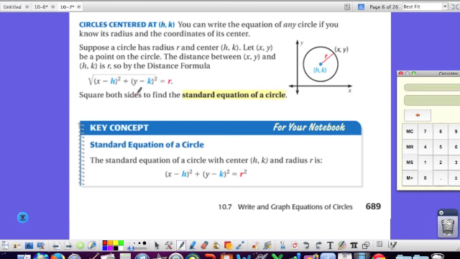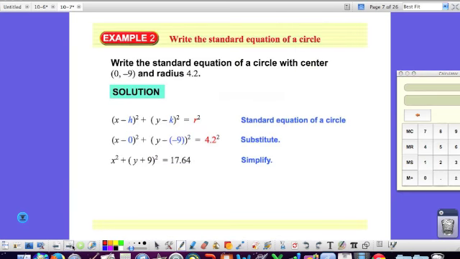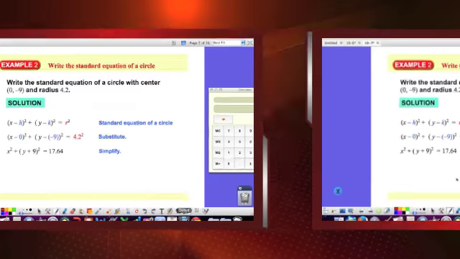So now you can square both sides to find the standard equation of a circle. So x minus h squared, h is the x value of the center. Y minus k, k is the y value of the center of the circle, equals the radius squared. And we're going to use that in a problem.